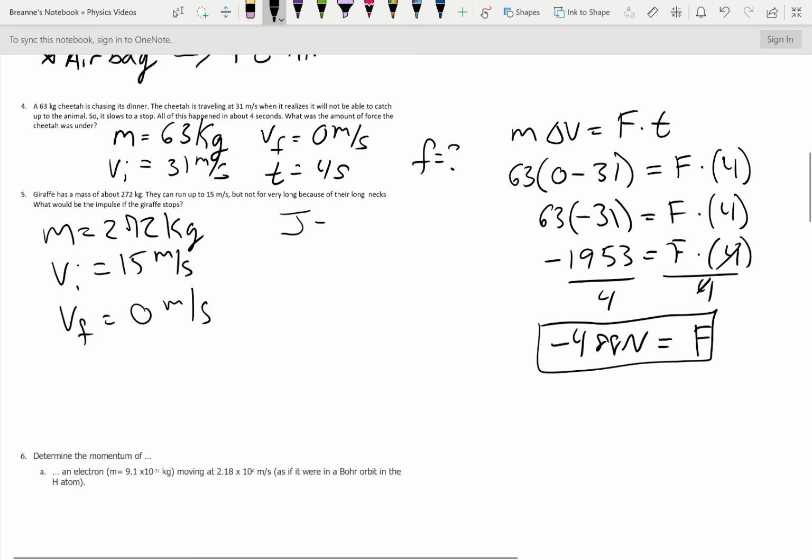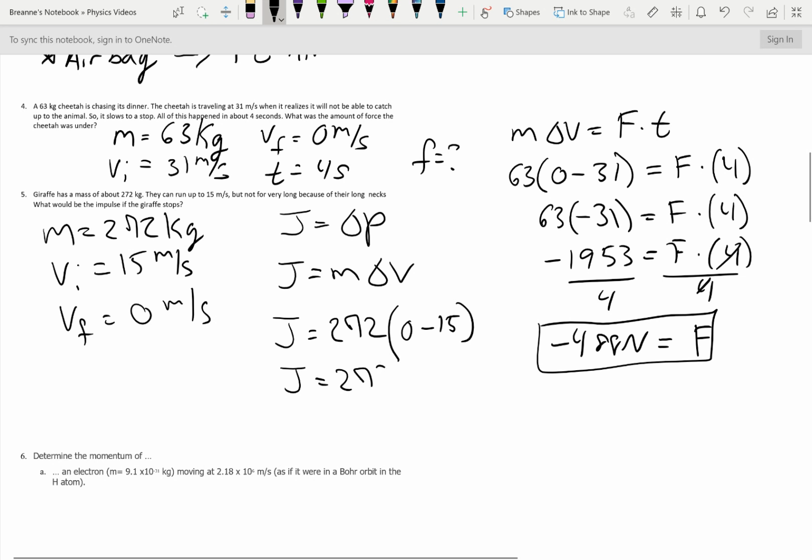We know impulse is just your change in momentum, and your change in momentum is mass times change in velocity. So we have 272 times your final minus your initial. So it ended up equaling 272 times negative 15.